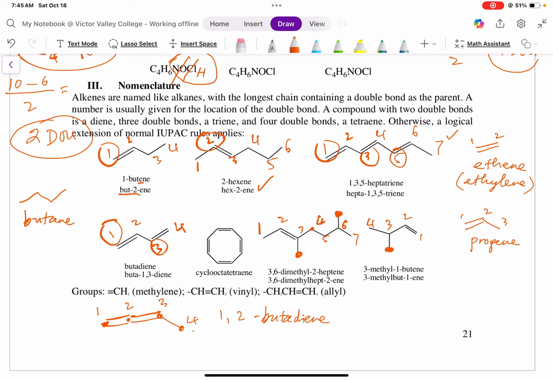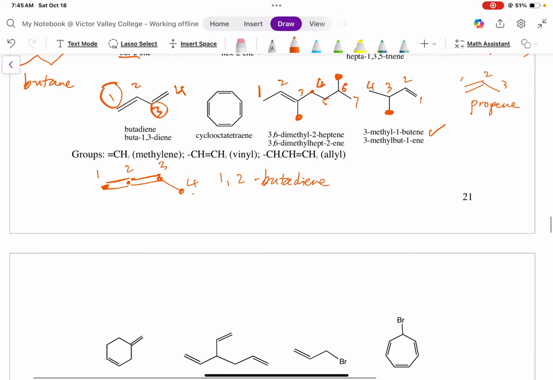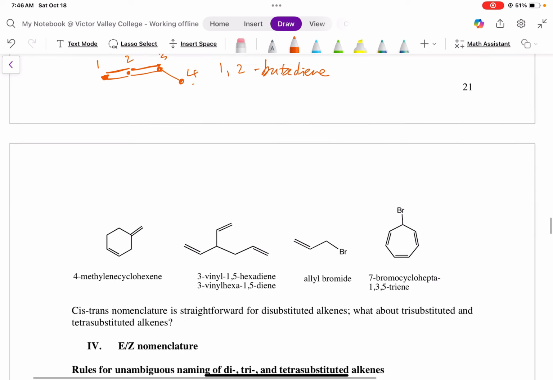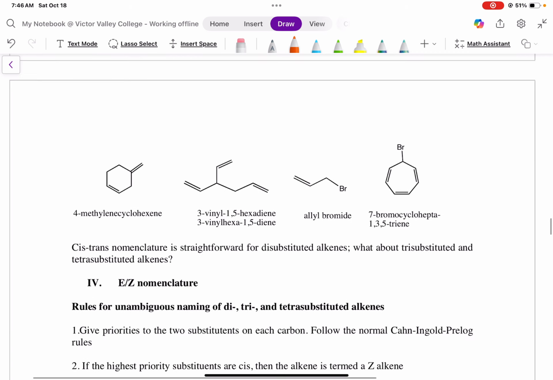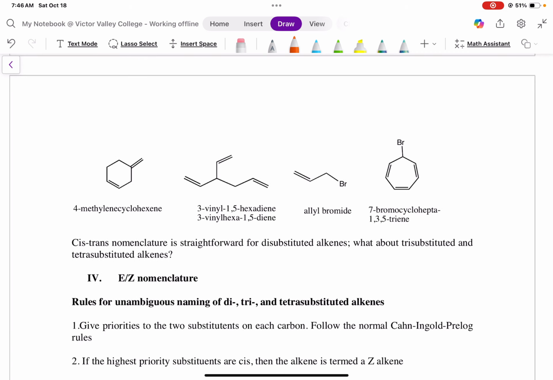So that's why we got 3-methyl-1-butene. Now we do have some interesting branches like methylene, which is a methyl losing the hydrogens. Vinyl, just put another carbon in, CH, and allyl, that's another carbon. Okay, so here's a few examples.